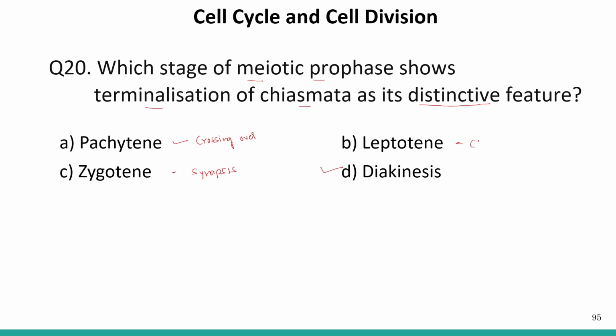Leptotene, condensation of chromosomes, and the chromosomes are visible. Condensation of chromatin, you can say. Diakinesis, terminalization of chiasmata. So the answer should be option D.